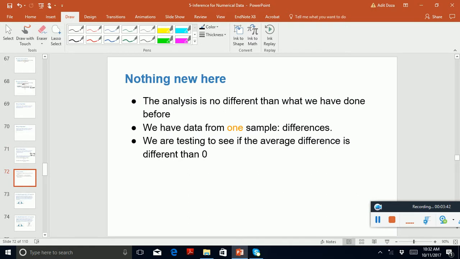So nothing new here, right? The analysis is no different than what we have done before, and we have data from one sample, which is the difference, and we are testing to see if the average difference is different from 0.